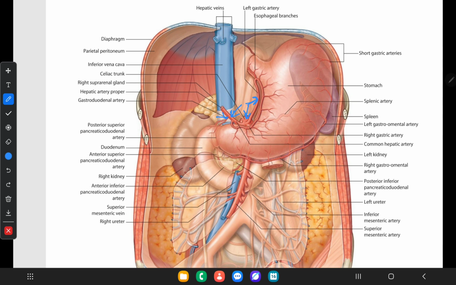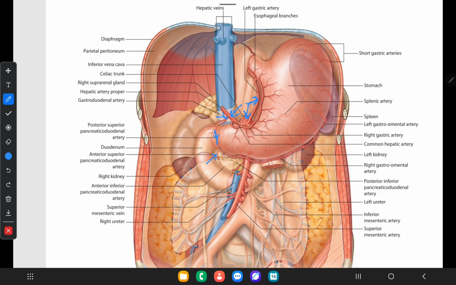common hepatic artery, and the gastroduodenal artery further divides into the posterior superior pancreatico-duodenal artery here. This is the posterior superior pancreatico-duodenal artery, and then the anterior superior pancreatico-duodenal artery. Here you can see the anterior superior pancreatico-duodenal artery.